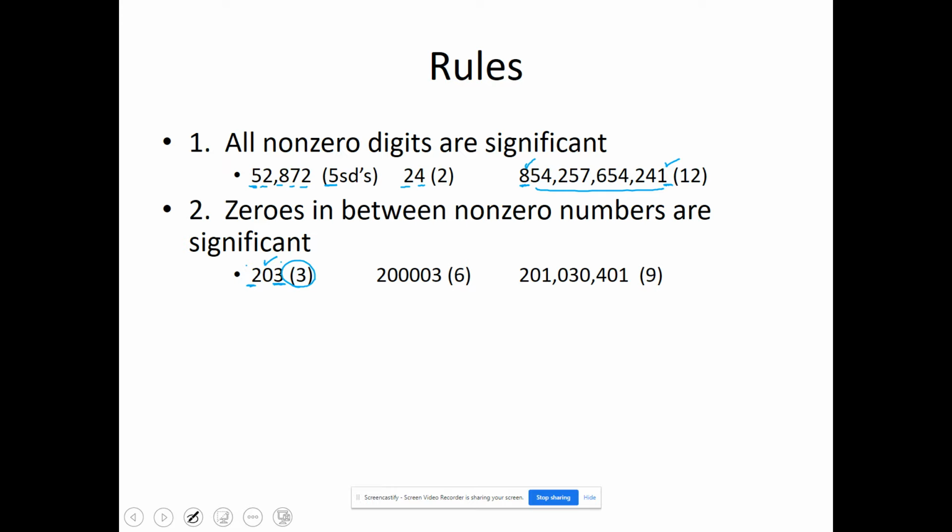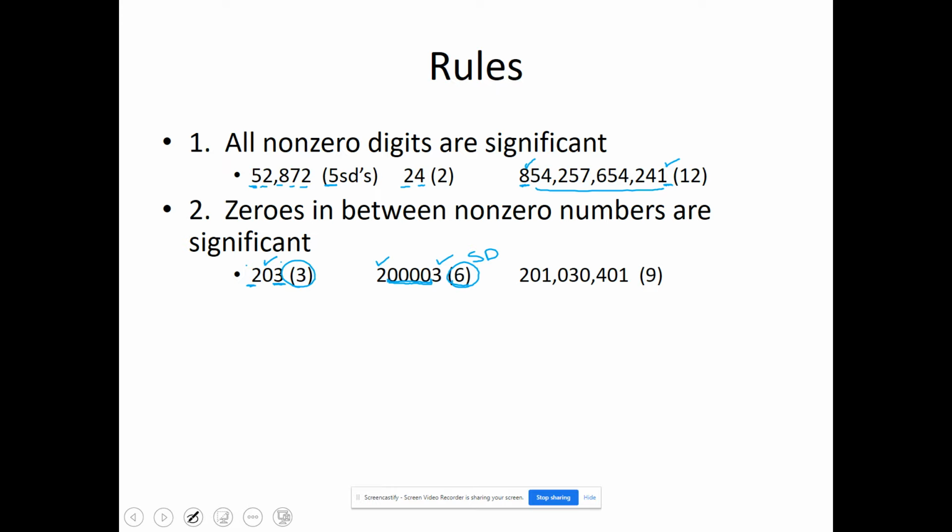Same thing, it doesn't matter how many zeros you have. If it's between 2 numbers that count, then everything in between is going to count. So all 4 of these zeros count because the 2 and the 3 count. So this has 6 significant digits. The number in parentheses is just us counting how many there are.